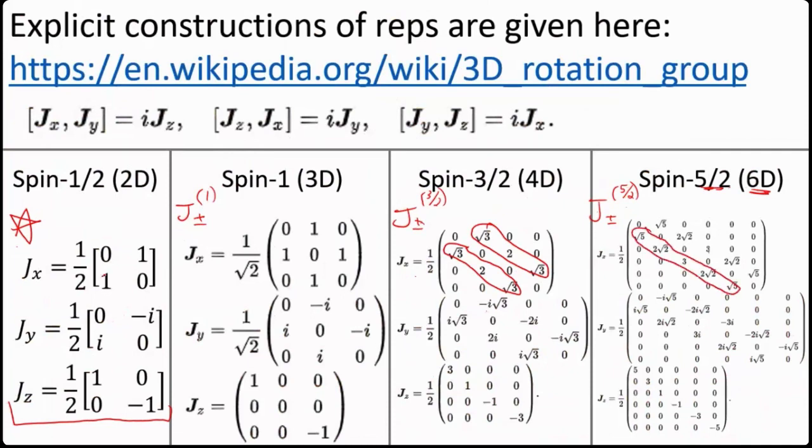So what I was trying to say is that there is a mechanical way to figure out what all the matrices are. As I said, the Z matrix is really easy. It's just diagonal. And then you just churn through the Clebsch-Gordan coefficients, and you can get the X and Y matrices as well. I would never want to do it, but I guess you can do it.